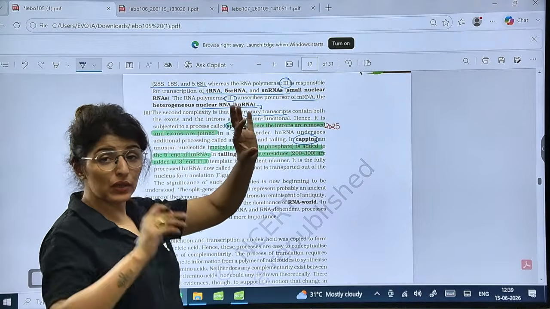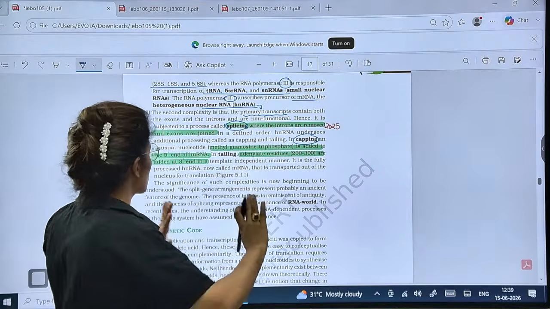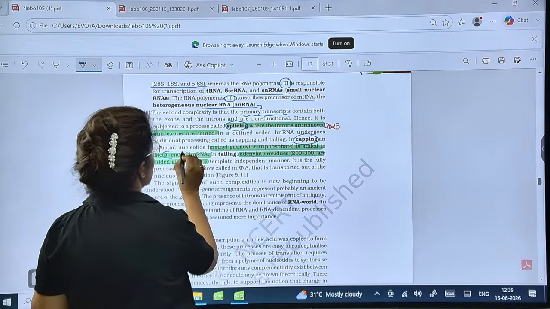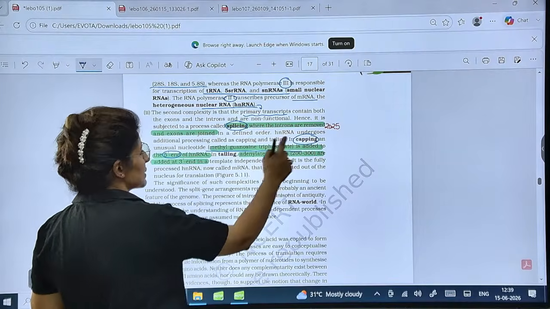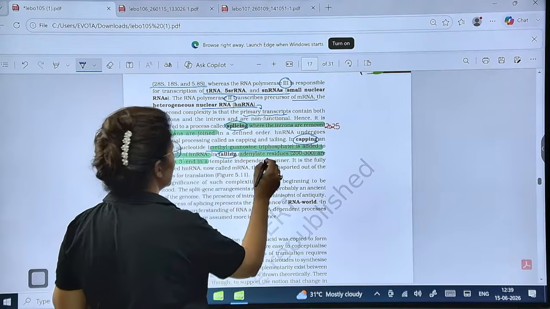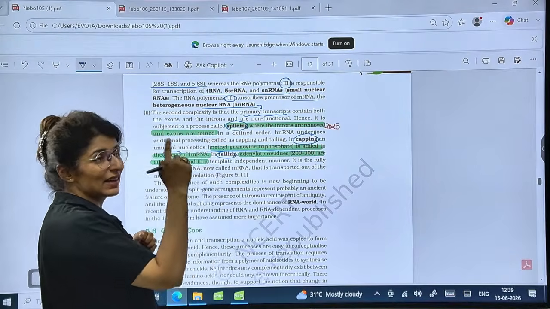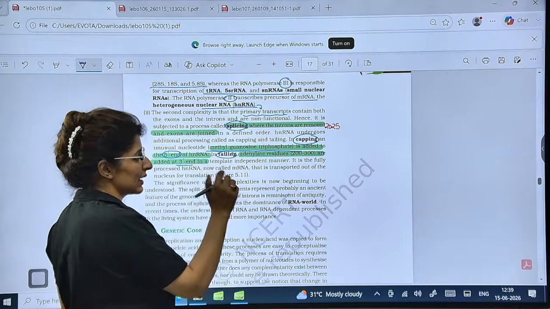Second, we have to protect the two ends, the 5' end and 3' end of mRNA. On the 5' end, guys, we add methyl guanosine triphosphate. This process is called capping. And then there is a third process called tailing, which is done on the 3' end. T for tailing, T for 3'. Is that clear?